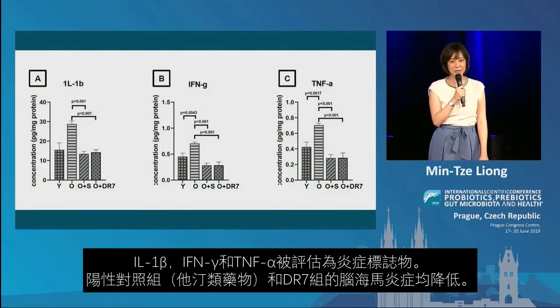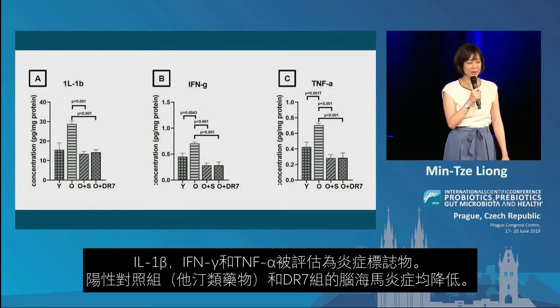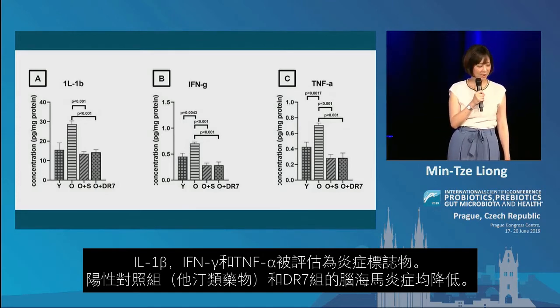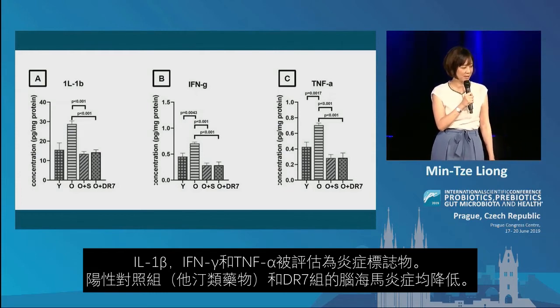Now, these are some of the inflammation markers. Do remember IFN gamma. So we have looked at some of the inflammatory markers, such as IL-1 beta, IFN gamma, TNF alpha, and we could actually see that statin, in some instances with our probiotics, could actually see a reduction effect in brain hippocampal inflammatory parameters.